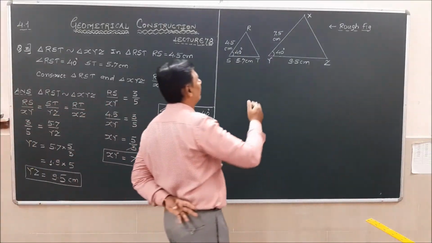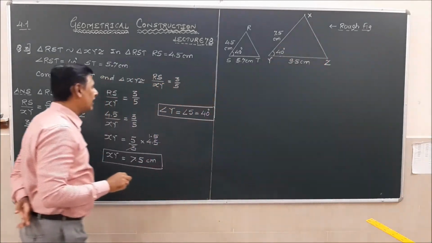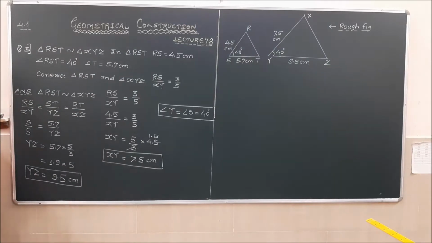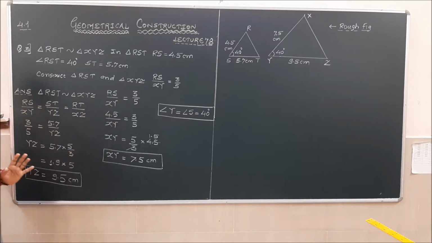We also have to find out XY. To get XY, I'm going to take the original ratio RS upon XY, which is 3/5.